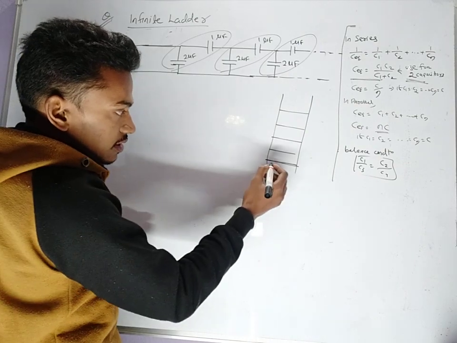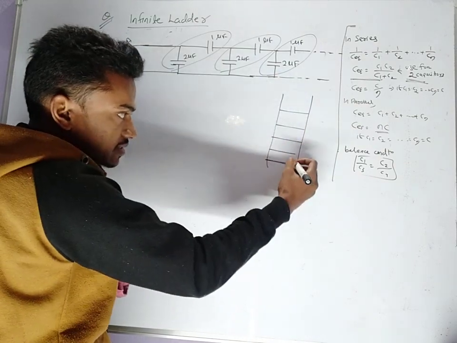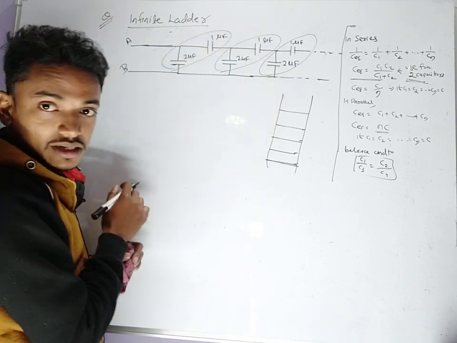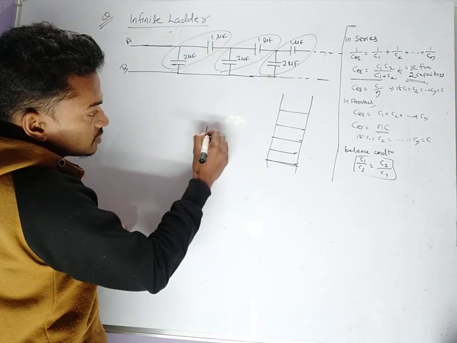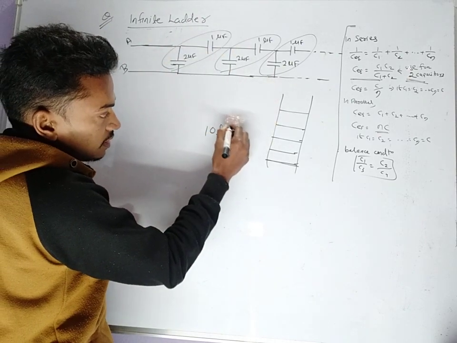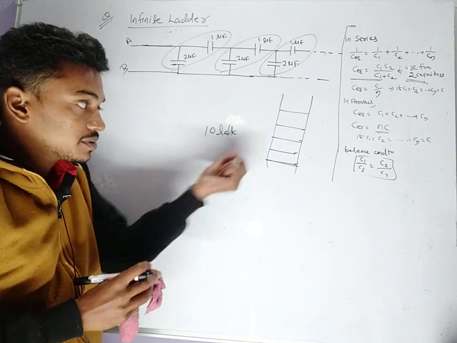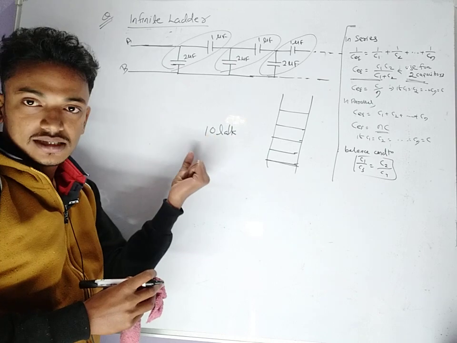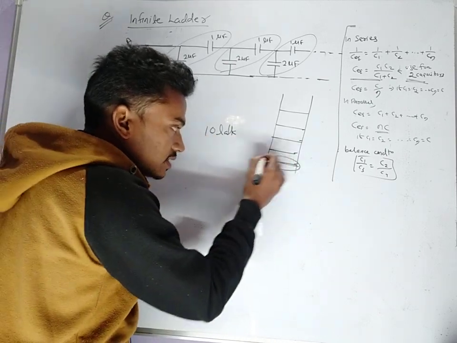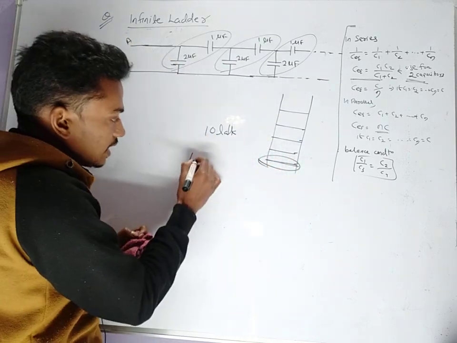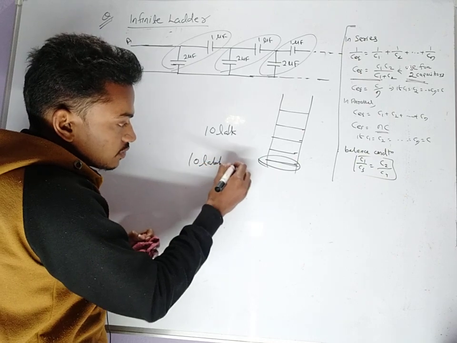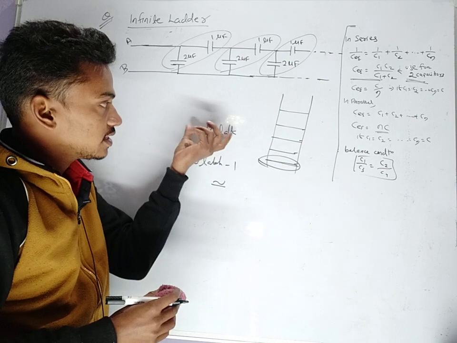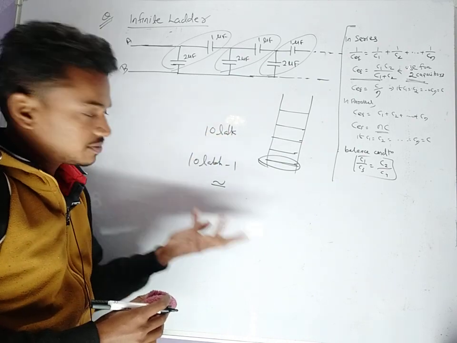Suppose the number of sticks, 1 2 3 4 5, each extended up to infinity, is say 10 lakhs, or the effective number of sticks attached to the ladder is 10 lakhs. If we remove one stick, that is 10 lakhs minus 1, it is not going to change the effective number of sticks much.